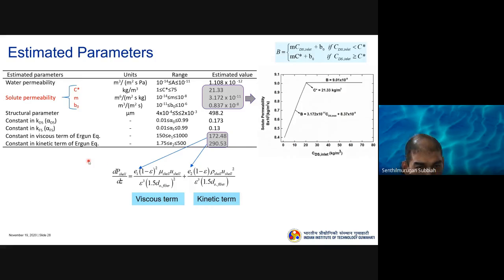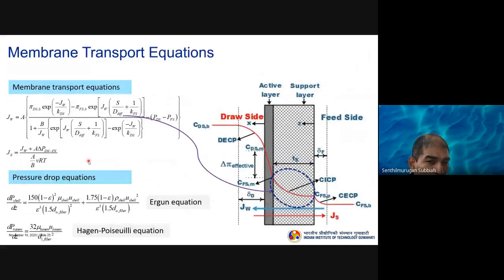So what is solute permeability? In our membrane transport equations, this coefficient A is going to be the water permeability coefficient. And then we are going to use B, which is going to be the solute permeability. And this is the membrane structural parameter, which is S.